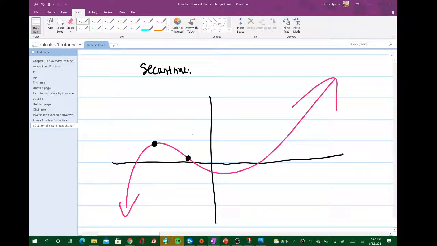If you make a line between those 2 points, it doesn't have to be perfect, but basically any 2 points that the line crosses at, this is what we call a secant line.